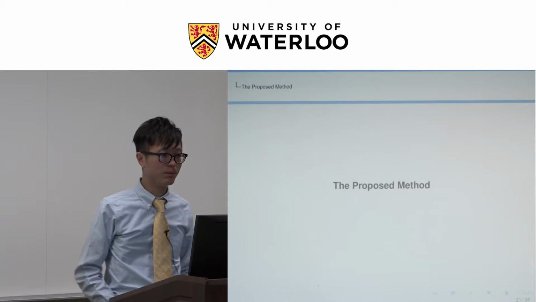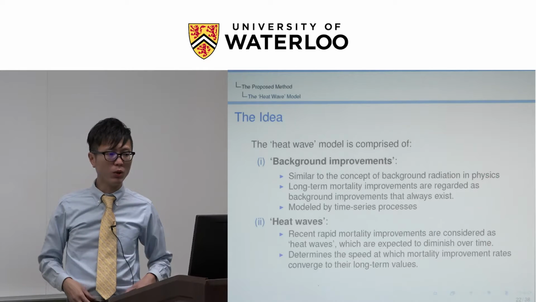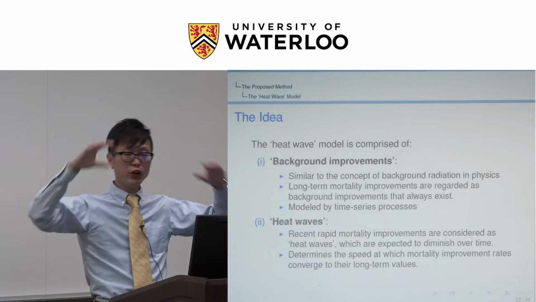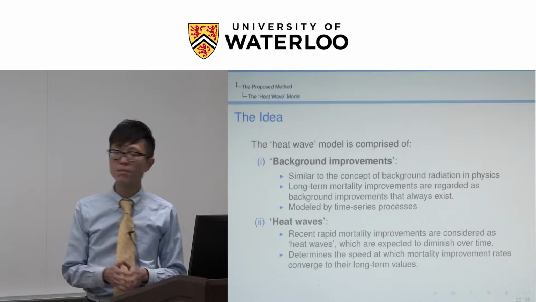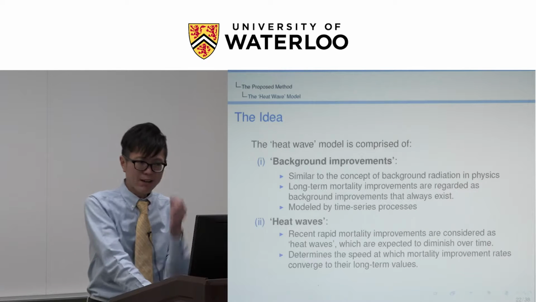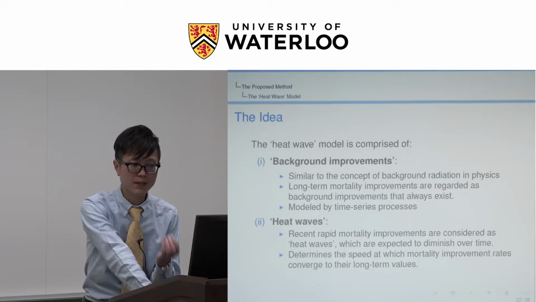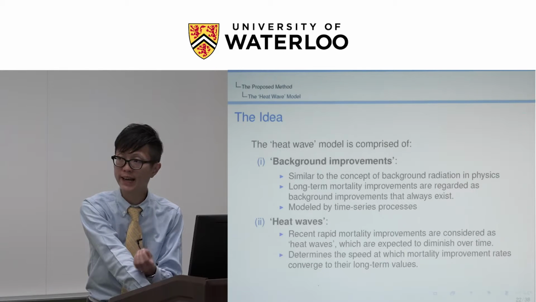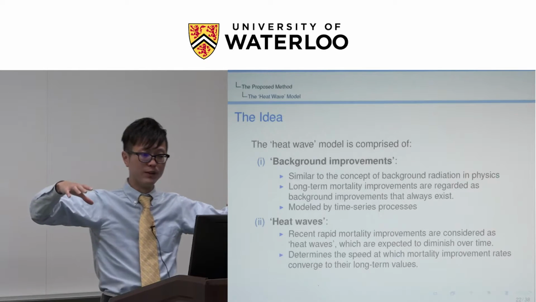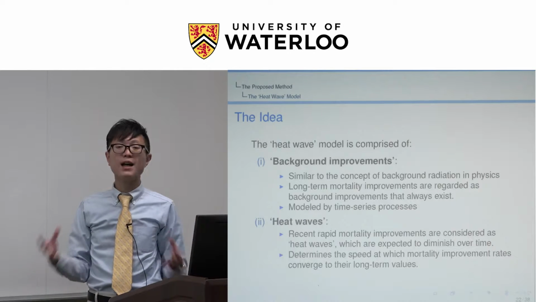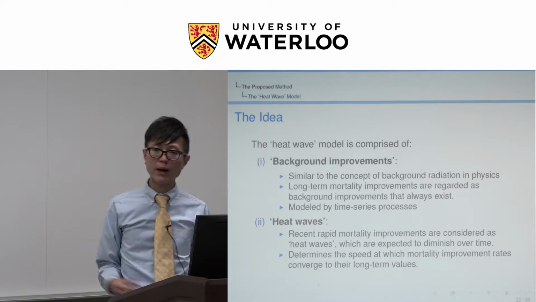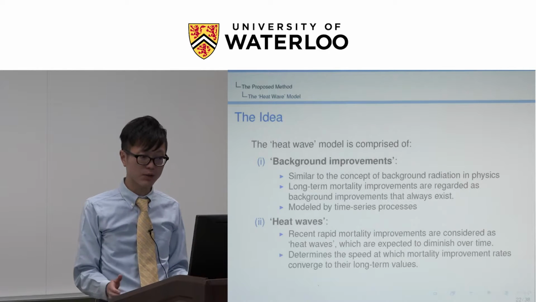So our proposed model. We call our proposed model the heat wave model. This model is comprised of two key components. The first component captures background improvements. Background improvements are similar to the concept of background radiation in physics. We're assuming that long-term mortality improvements are background improvements that always exist, and we model these improvements by using typical time series processes.